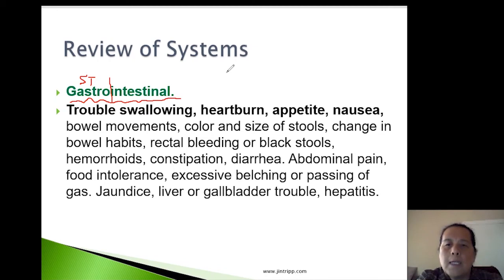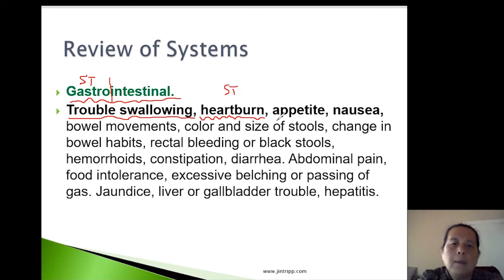So digestion systems: if the patient has some trouble swallowing something, or eating something, and heartburn. Basically we call it heartburn, but truly it is caused by stomach acid, sometimes acid reflux.